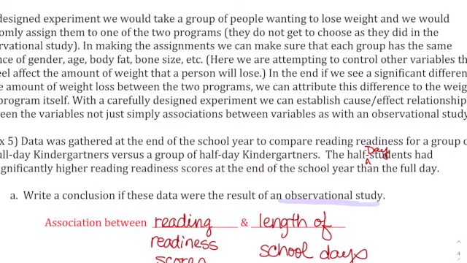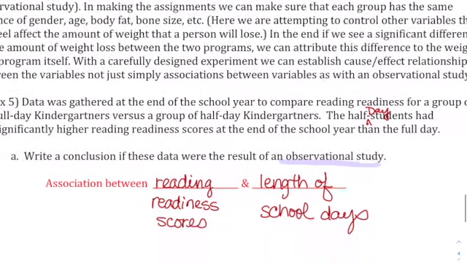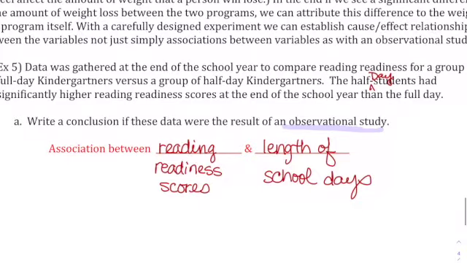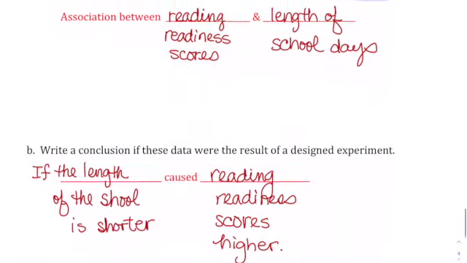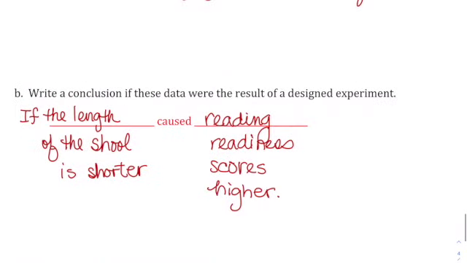Now, if you are going on to talk about what is a conclusion if those data were results of a designed experiment. The designed experiment, based on the things we read before, says half-day students have better test scores. So you can write the conclusion if the data were the results of a designed experiment: if the length of the school day is shorter, it will cause the reading readiness scores to be higher.